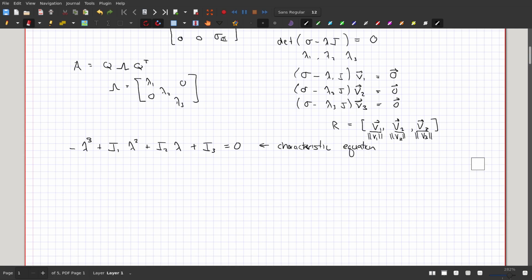writing on the tablet. Anyway, so you're gonna have this characteristic equation where the I1, the I2, and the I3 are called invariants.